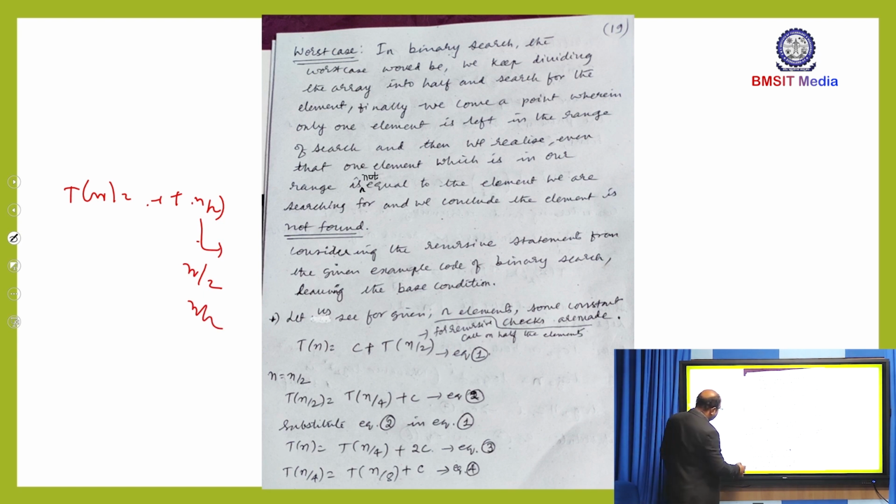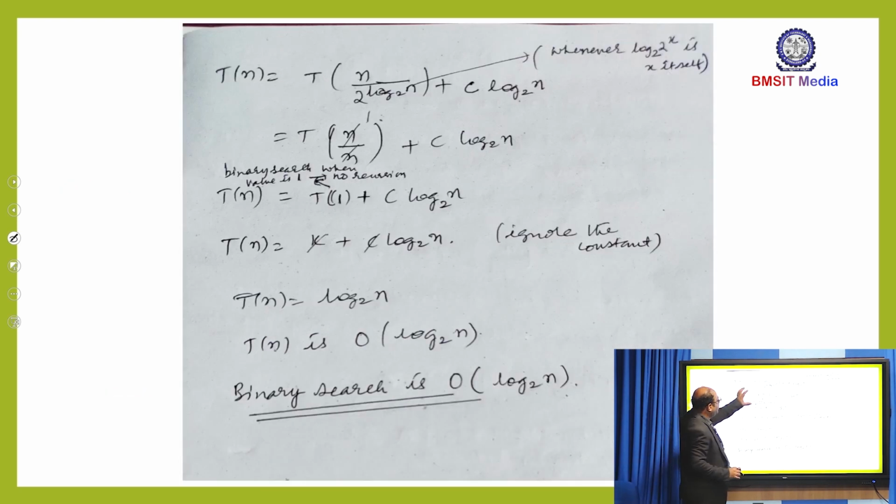It keeps on happening until some number of times, and then we generalize the equation by applying logarithmic or summation equations. Once you consider those replacements, we are going to compute T of n as big O of log n to the base 2.